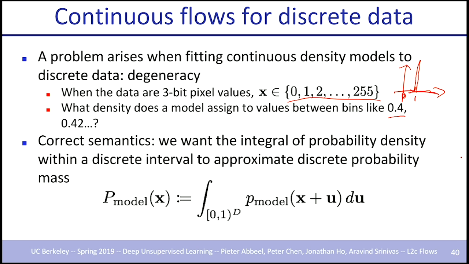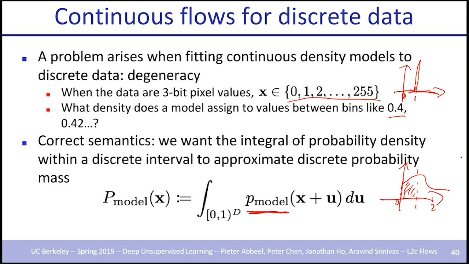The correct thing to do is really to have continuous distributions. Let's say this is 0, this is 1, this is 2. What I really want is for the cumulative probability mass between, say, 0 and 1 to correspond to the actual, call it empirical, discrete probability mass. So if we write it out, let's say this is our favorite flow model, whatever that is.